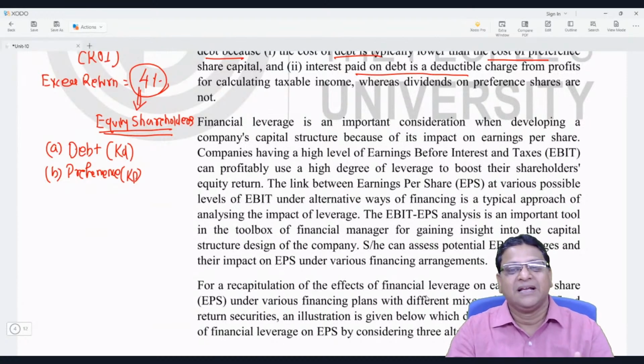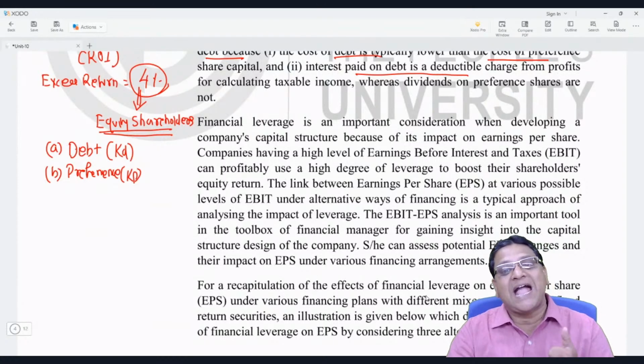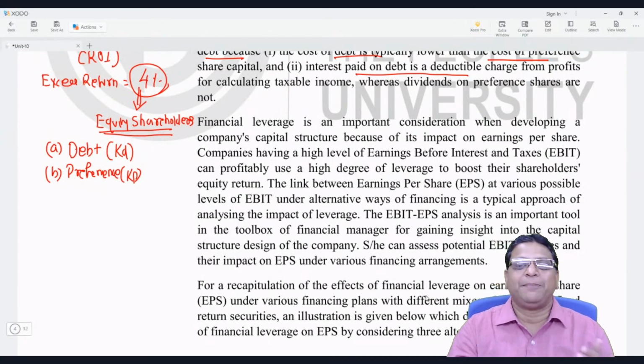By paying interest on debt, you save some tax, and this concept is known as tax shield. So because of two things, Kd is less than Kp and you get the benefit of tax shield, trading on equity operates better when you use more and more debt capital in your capital structure.